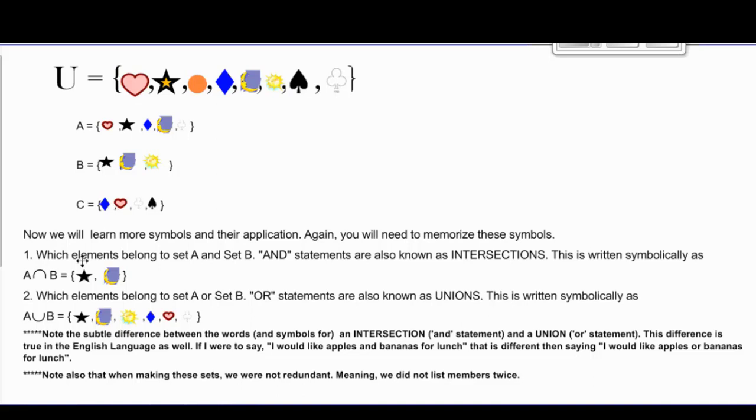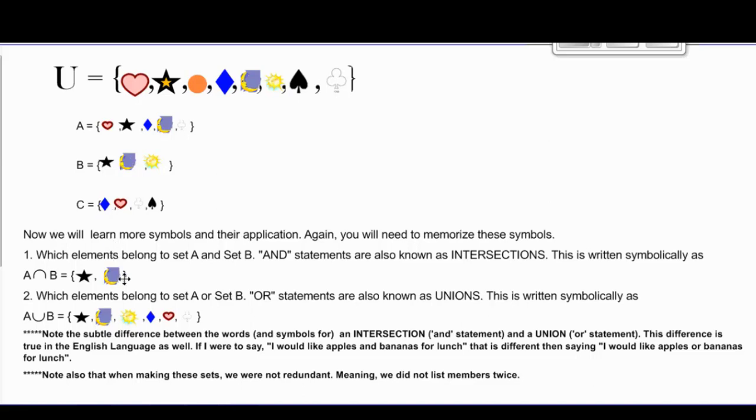So set A and B, we look at set A and we look at each element one at a time. The heart, not in set B, so it is not in A and B. The star, it is in B, so star is an element that is in A and B. Diamond, not in B, so we don't use it. Moon, yes, the moon is in both sets.